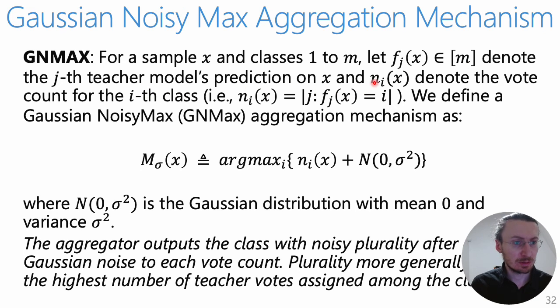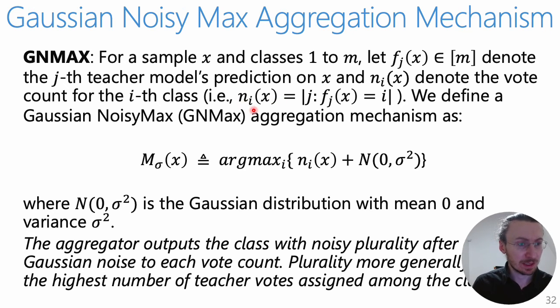And then we also have to define n sub i of x, which is the number of votes for the ith class. So here we have just the count of teachers j that returned this class i. Again, n sub i of x defines how many teachers voted for class i.